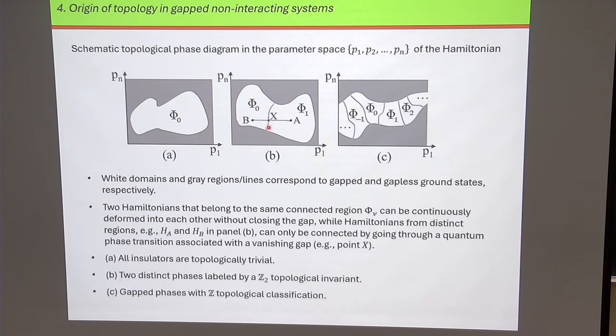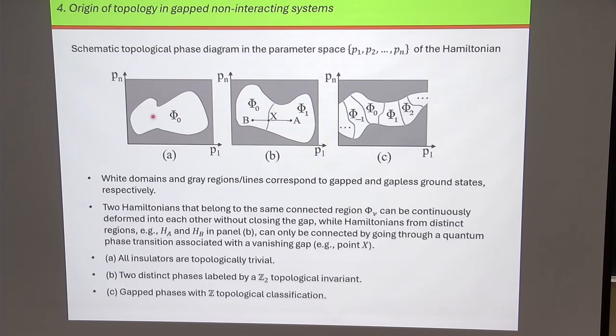Here is a schematic of different situations you may have. Let's say I have a Hamiltonian that depends on many parameters, P1 up to Pn, and I make the phase diagram. In the phase diagram, I show as a function of these parameters whether my Hamiltonian has a gap or not. The gray zone is for a Hamiltonian that doesn't have a gap, so let's say a metal, and the white region is for a Hamiltonian that has a gap.